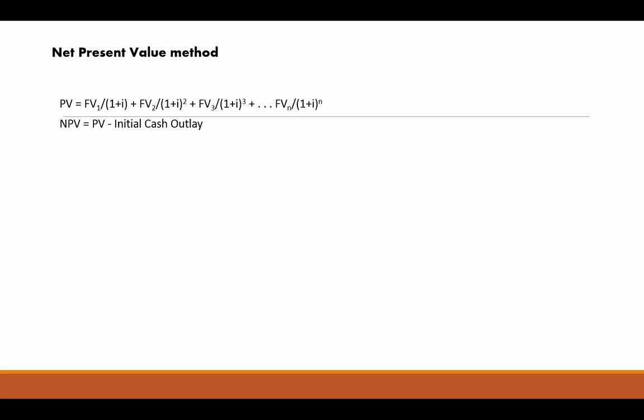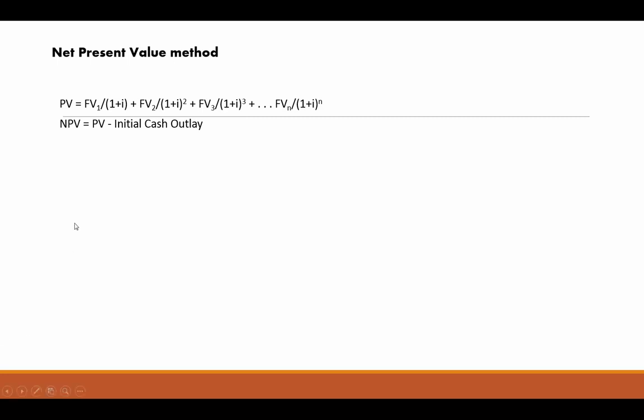Now this, you can tell just by looking at the formula for it, is a little more complicated. What that formula says is that we can calculate the present value, or what future money we'll receive in the future is worth in today's dollars, by using this formula: the future value of money that we expect to receive, divided by 1 plus the interest rate we're earning on it, plus the future value of the second cash inflow, divided by 1 plus the interest rate squared, third, or cubed, etc., all the way out.